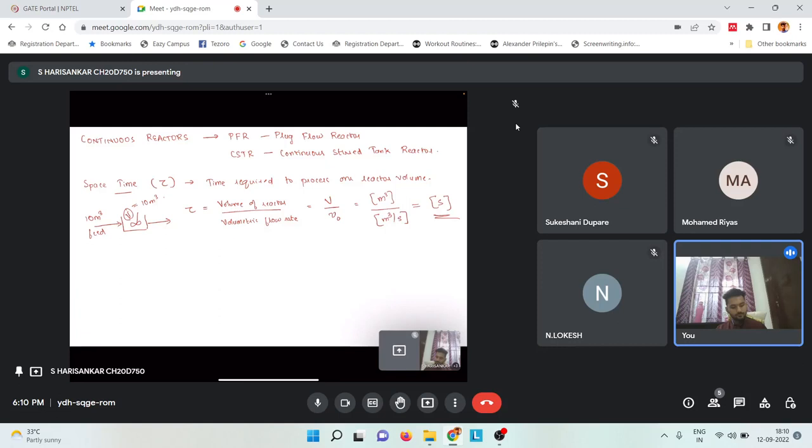And then the next term is space velocity, which is generally represented as S. The space velocity is basically the number of reactor volumes processed in a unit time.